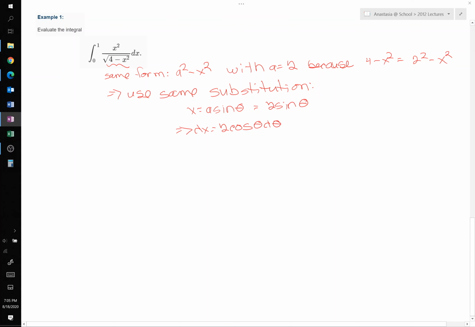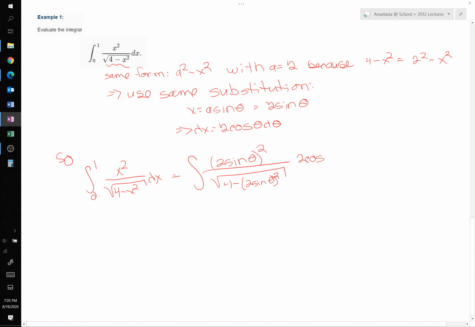And now we can rewrite our integral. So the integral from 0 to 1 of x squared over the square root of 4 minus x squared dx is equal to the integral, and I'm going to come back to the bounds in a second. x is equal to 2 sine theta, so that all gets squared, and then we have over the square root of 4 minus 2 sine theta, squared, and dx is 2 cosine theta d theta.